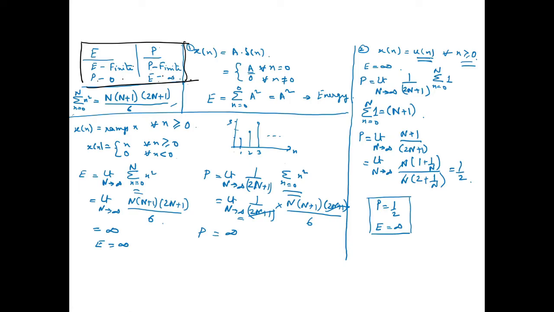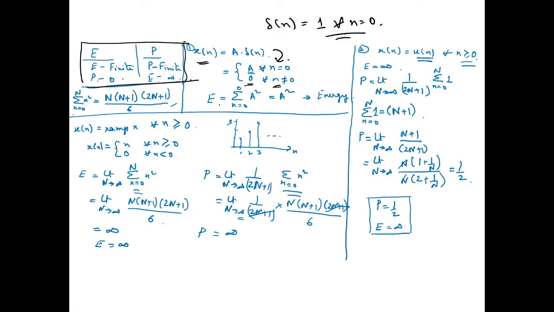Okay, so let us take some examples. x[n] is equal to A delta[n]. Delta[n], we have discussed, is equal to 1 for n equals 0. So if we solve it, we get A for n equals 0, and for all other n values, we have an amplitude value of 0.